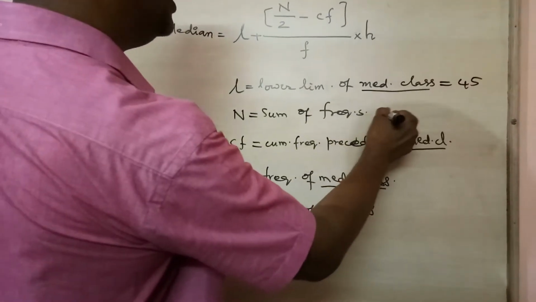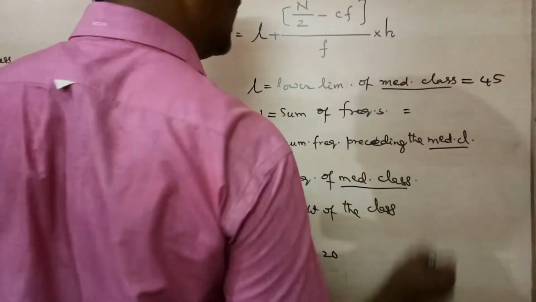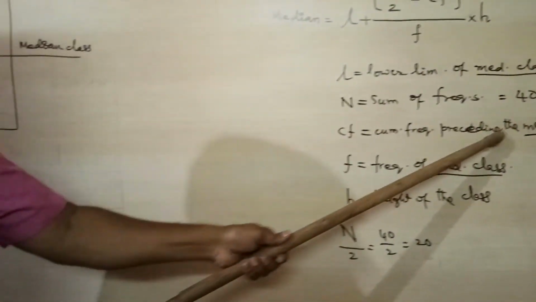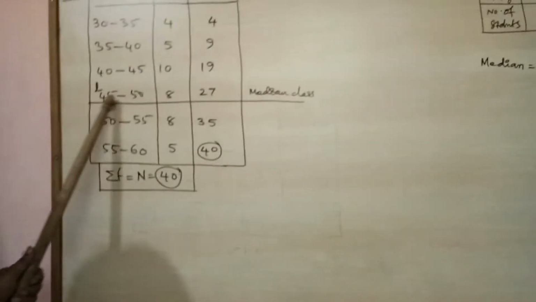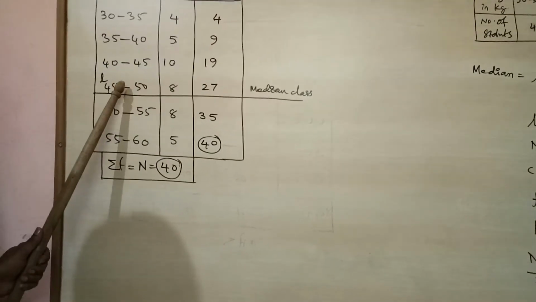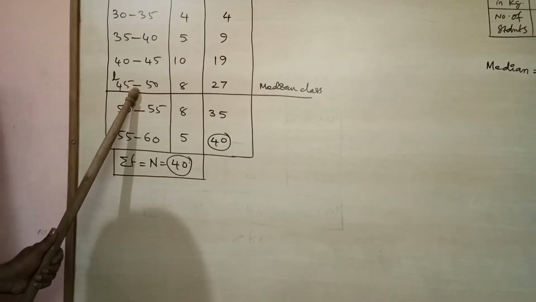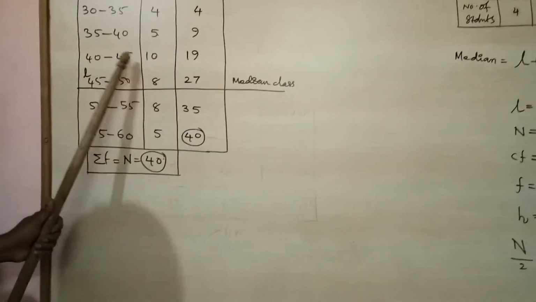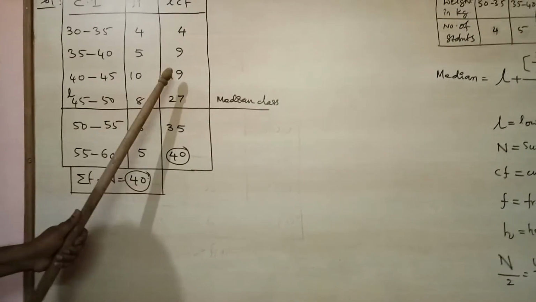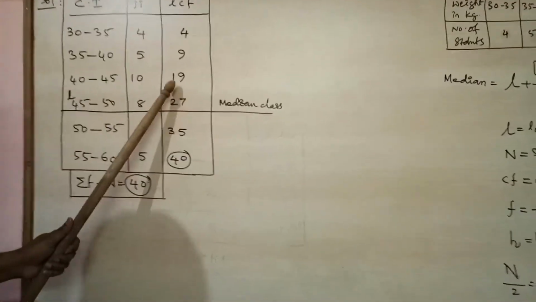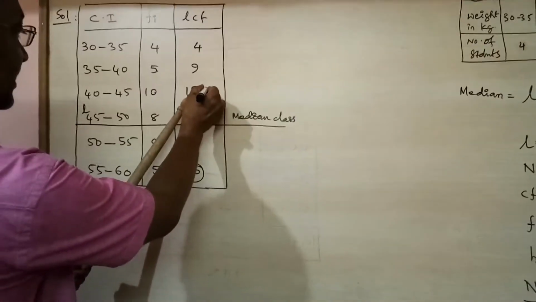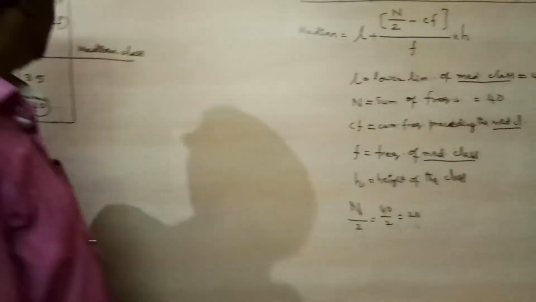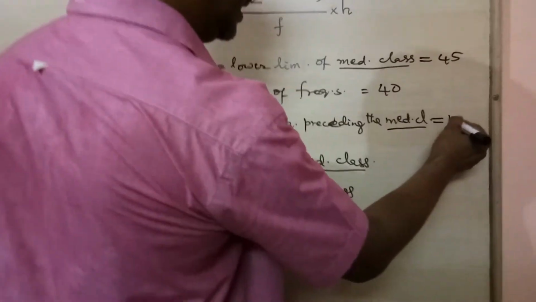Now N, we already got 40. CF means the cumulative frequency preceding the median class. Preceding means the previous class. The cumulative frequency of the previous class is 19, so the CF value is 19.